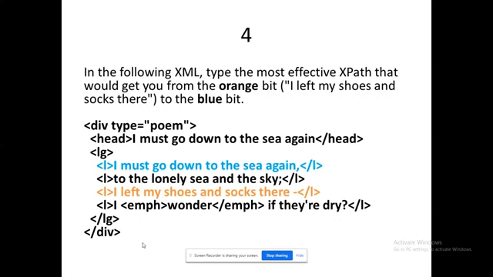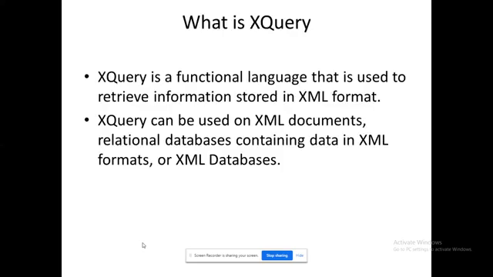XQuery. Why was jQuery developed? jQuery was developed because jQuery is completely native to JavaScript. But XQuery is completely native to XML, with a processing engine that you can use with any language, any package. That is the main advantage.